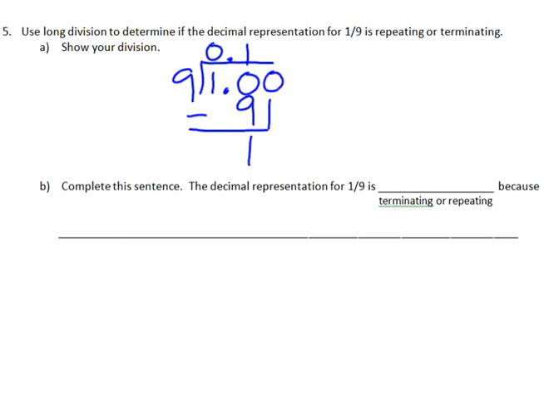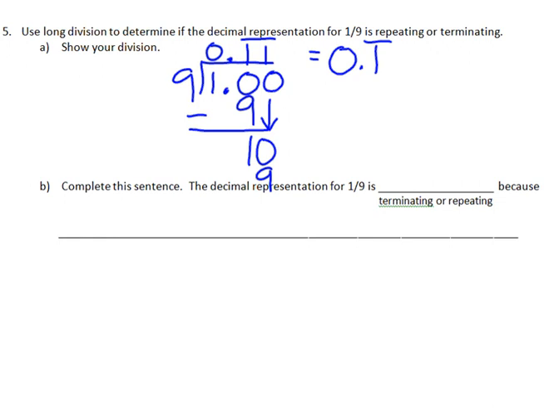Okay, bring down another 0 to get 10. 9 goes into 10 1 time, and we're going to get the same thing over and over and over again. So we can put the repeating bar over. This number would be the same as just having 1 with the line over it. Either way would work.